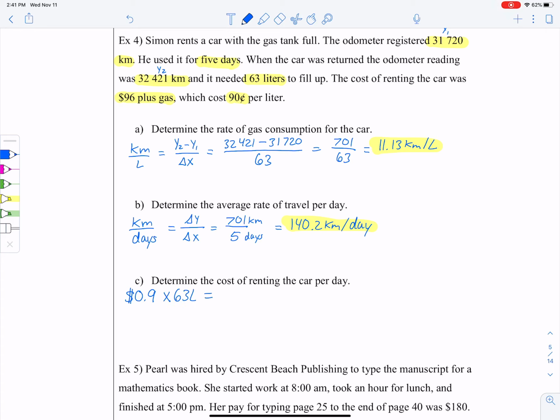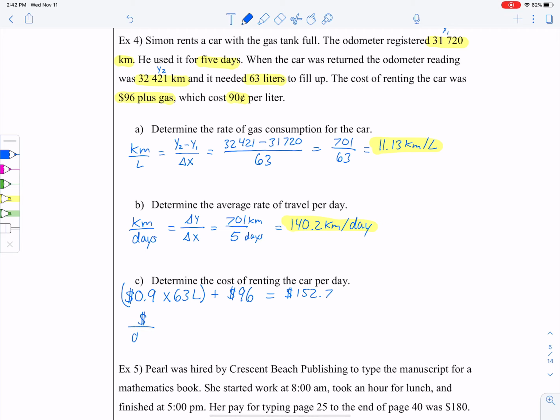So that's how much it was for gas. Plus we also have a base cost of $96. If you add that all up, you get $152.7 total.